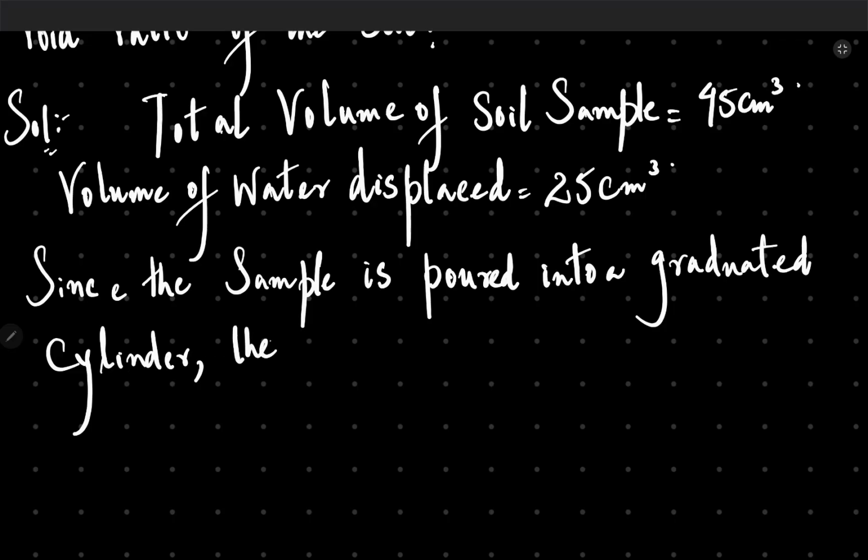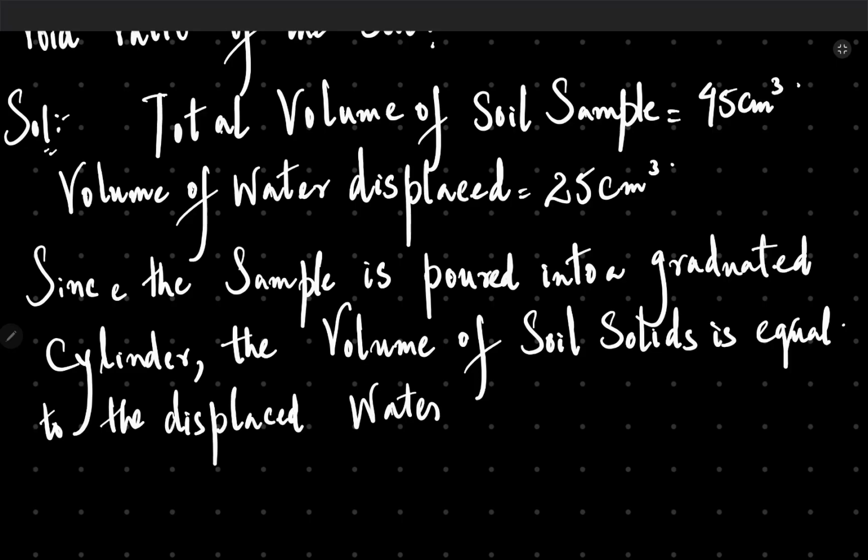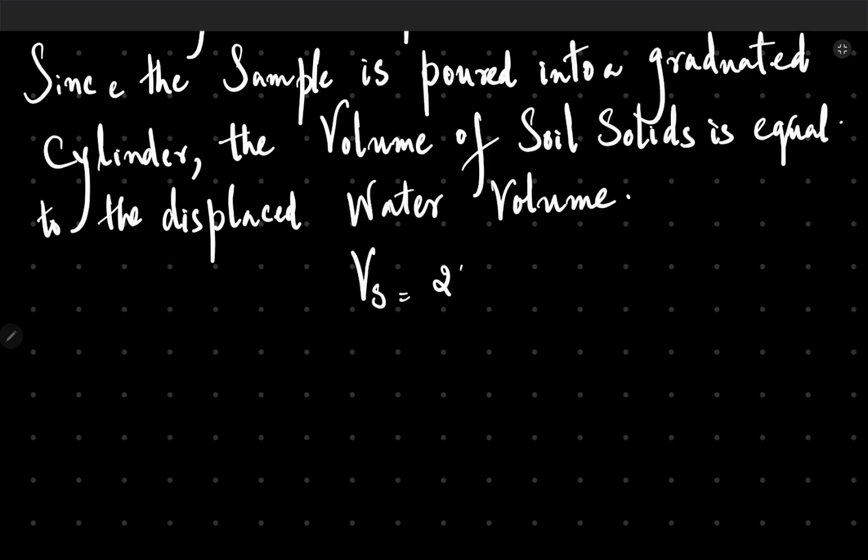That means displaced water volume is 25 centimeter cube, so the volume of soil solids will be 25 centimeter cube.